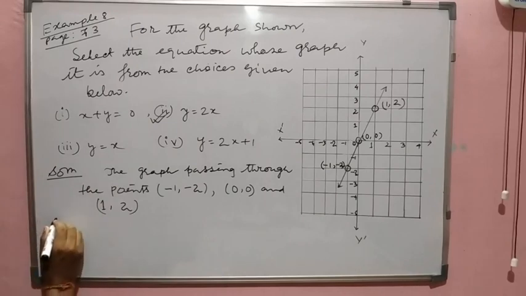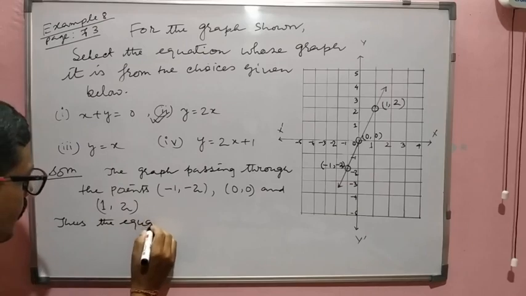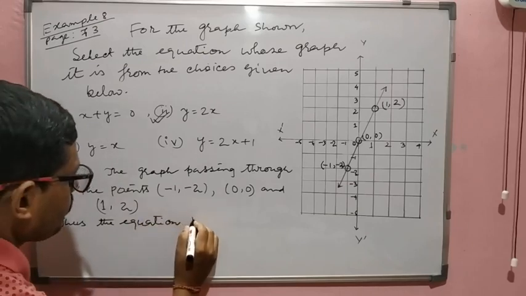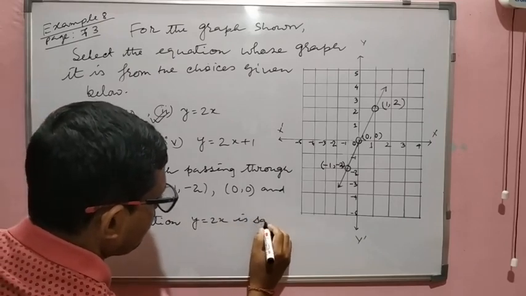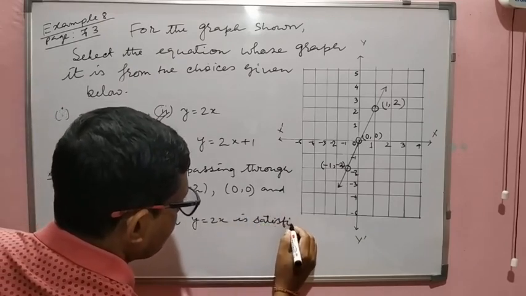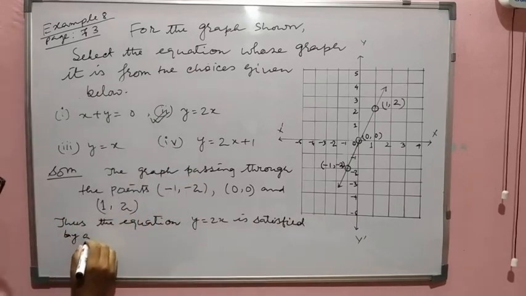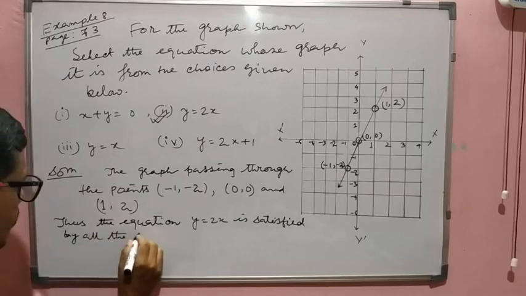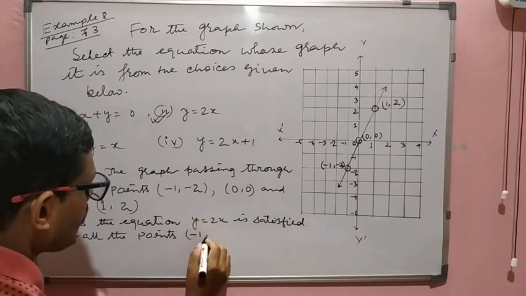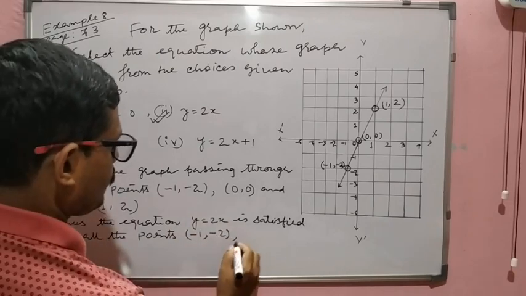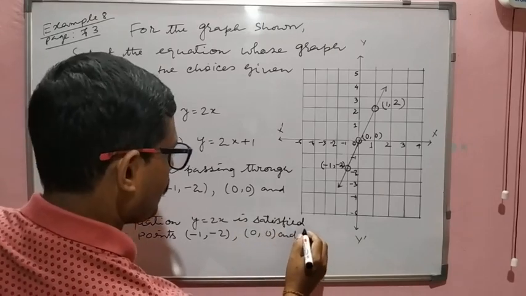Thus, the equation y equal to 2x is satisfied by all the points minus 1, minus 2, 0, 0 and 1, 2.